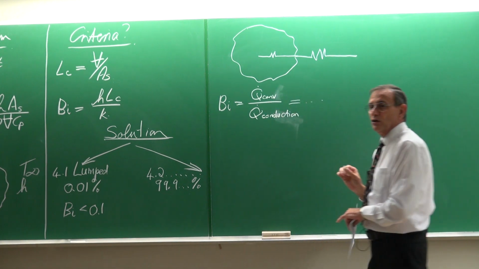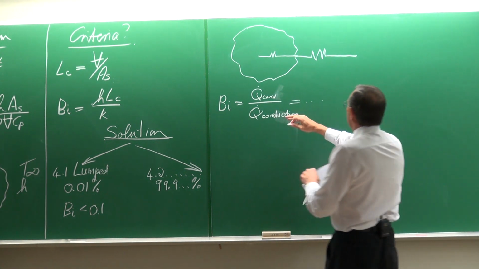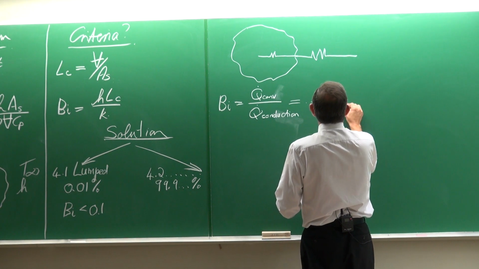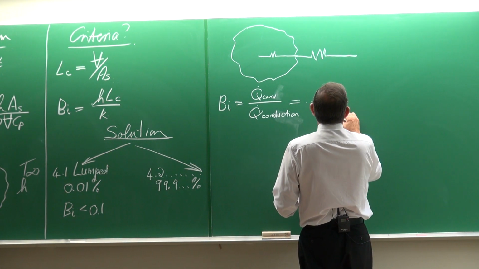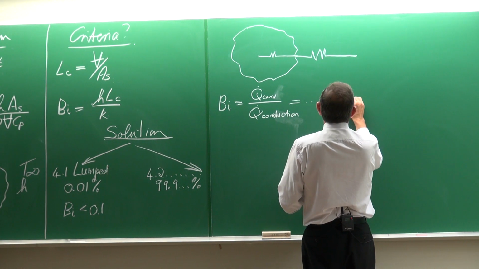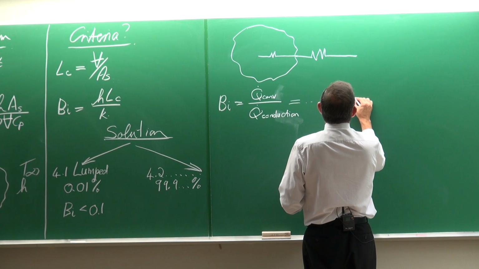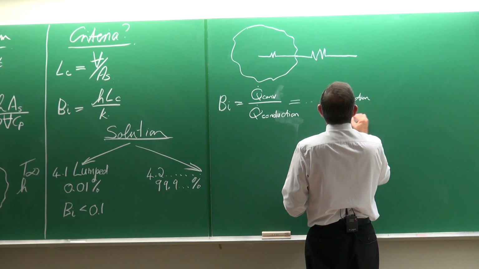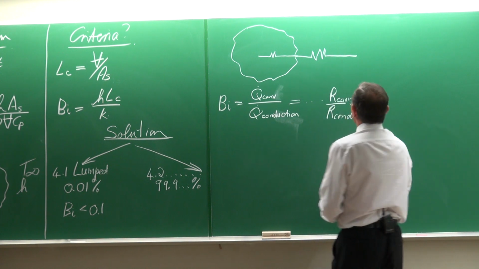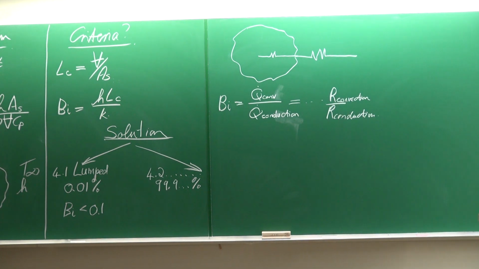We are not going to go through the derivation, but it is from this that we can see it is actually the ratio of the resistance of conduction to convection, the resistance of those two terms.